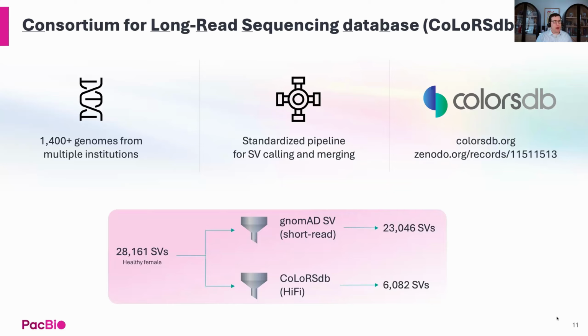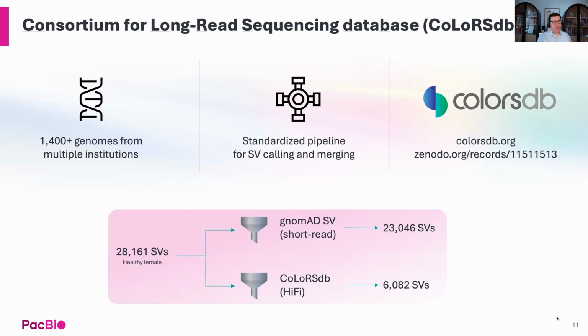And on the bottom, I show an example of how important it is to have a long-read matched control when looking at structural variants from long-read sequencing. So here we have an individual healthy female where HiFi sequencing plus analysis with Sawfish will identify 28,161 structural variants.